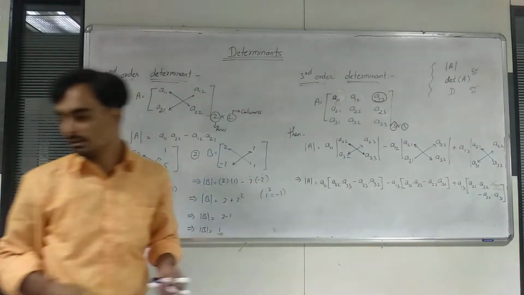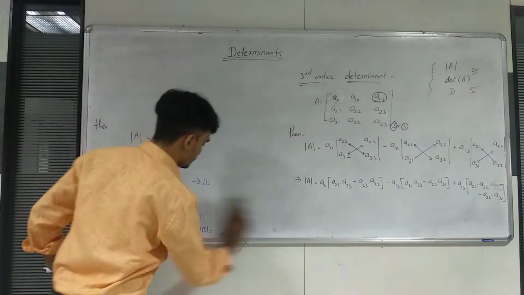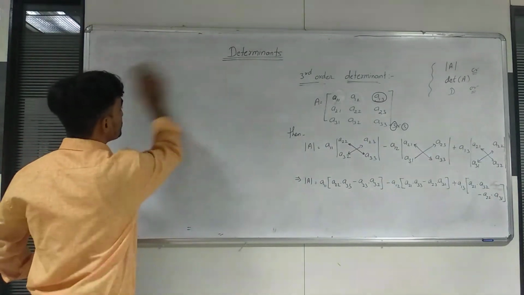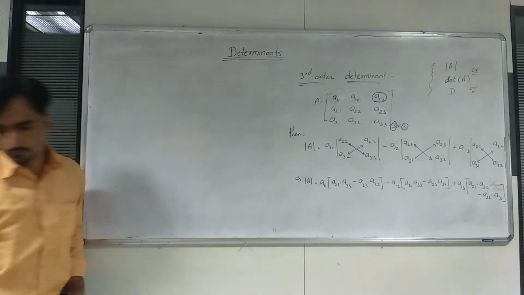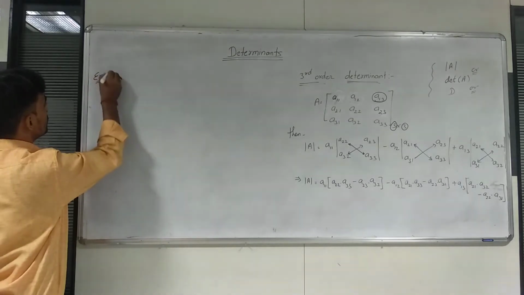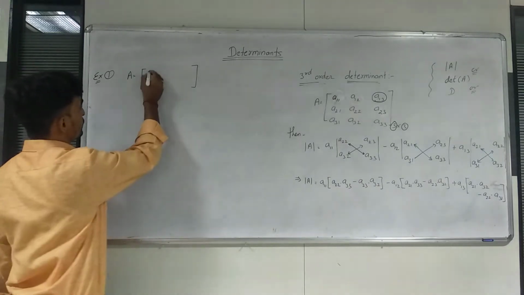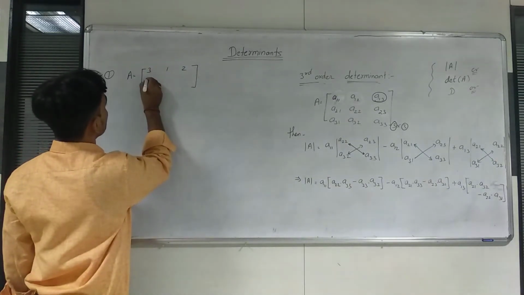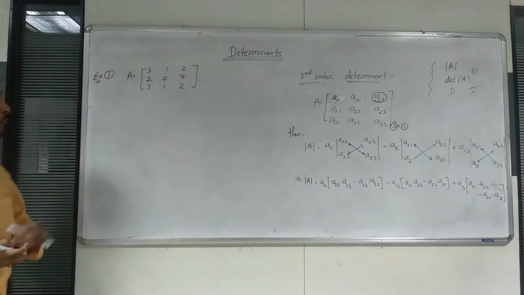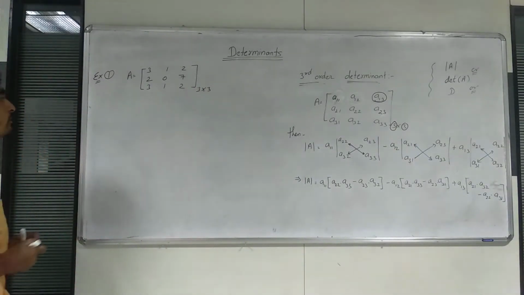Now we go for an example of a 3 cross 3 determinant. Given matrix A equal to this. First of all we need to see that it is 3 cross 3, containing 3 rows and 3 columns.